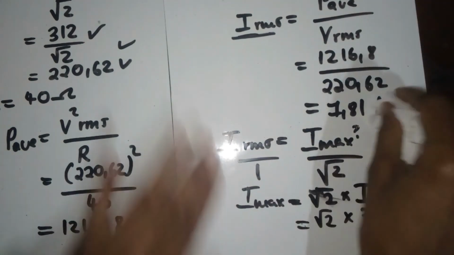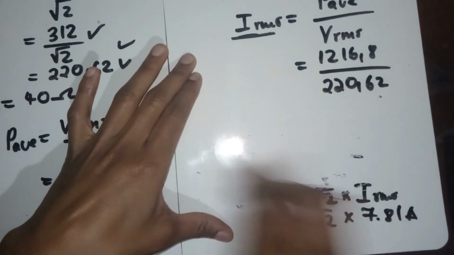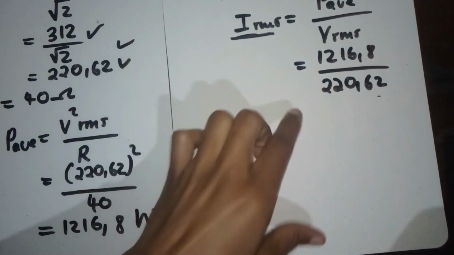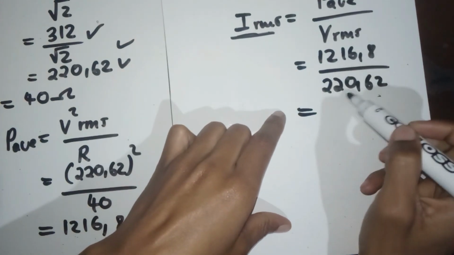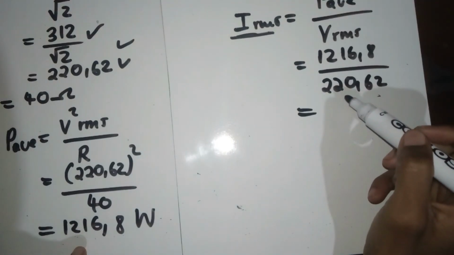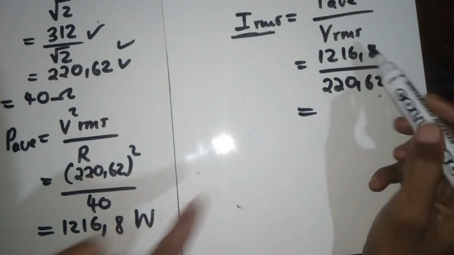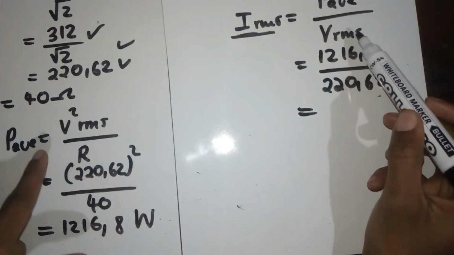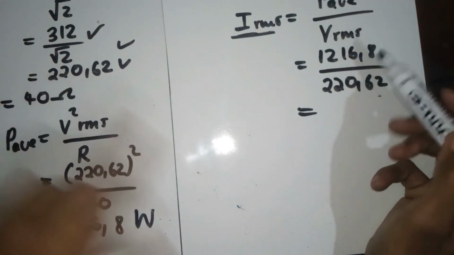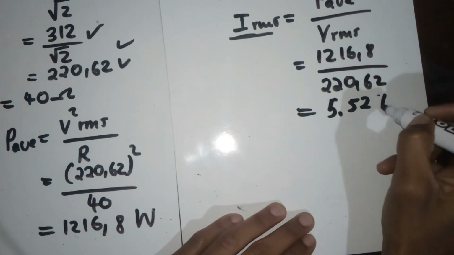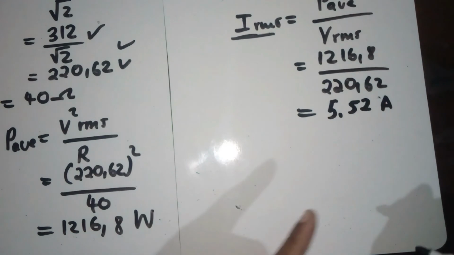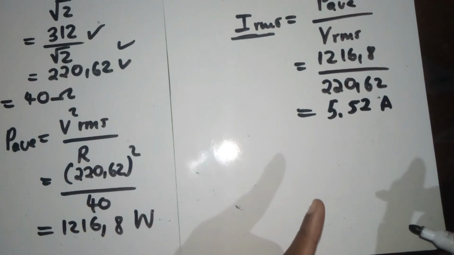So if you put this value in your calculator and divide it by our VRMS of 220, this value is actually going to give you 5,52 amperes, right? I hope you guys were able to catch that. It was just a minor mistake that I made.